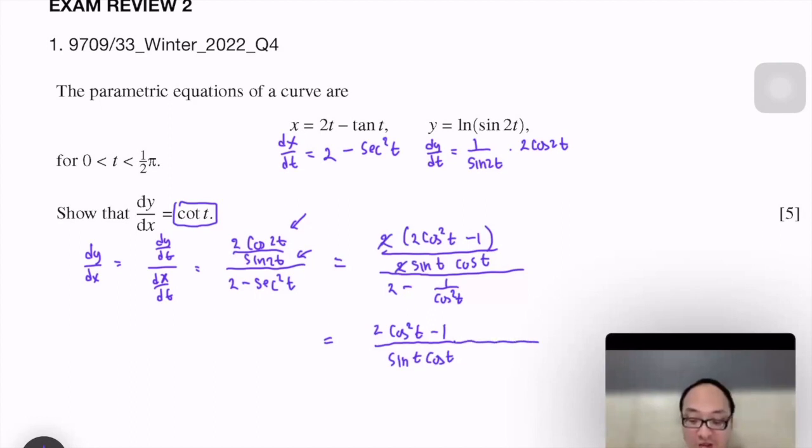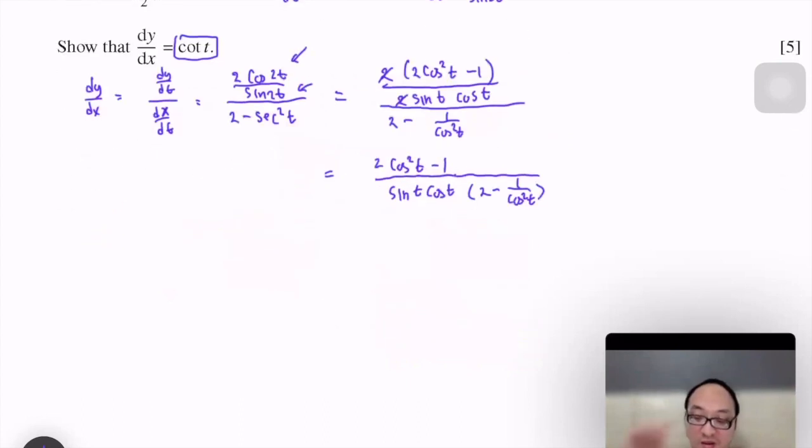We can move the denominator here, 2 minus 1 over cos square t.